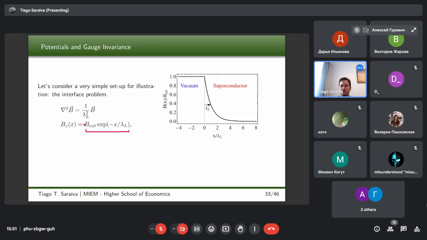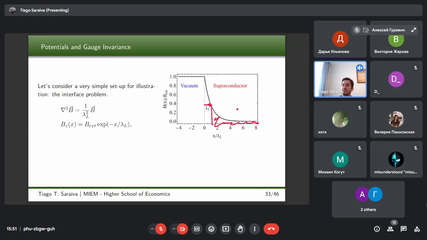If here is the external magnetic field, inside the superconductor, because of continuity, it should also have this value, but then it should decay very quickly to 0 over this length lambda. This is why it's called the penetration length, because the magnetic field only penetrates up to this length lambda. After this, it's a very weak magnetic field inside, exponentially decaying.